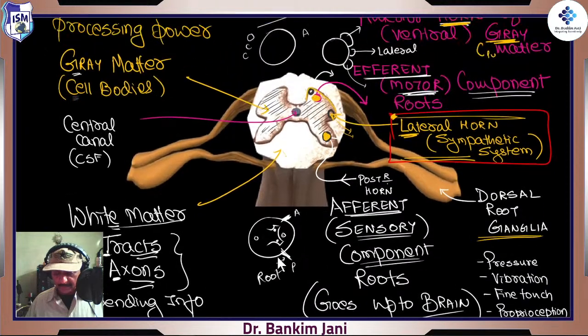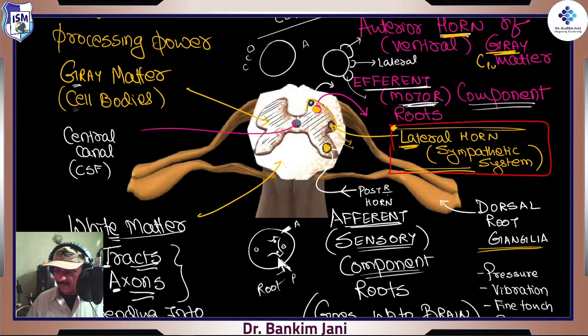So simply speaking, we have this region which is having gray matter and white matter. Gray matter is of cell bodies, which is in here, and white matter which is over here. So what are these white matters? These white matters are tracts and axons. So there will be specific tracts which will be going up and down, right? And they will be sending information.